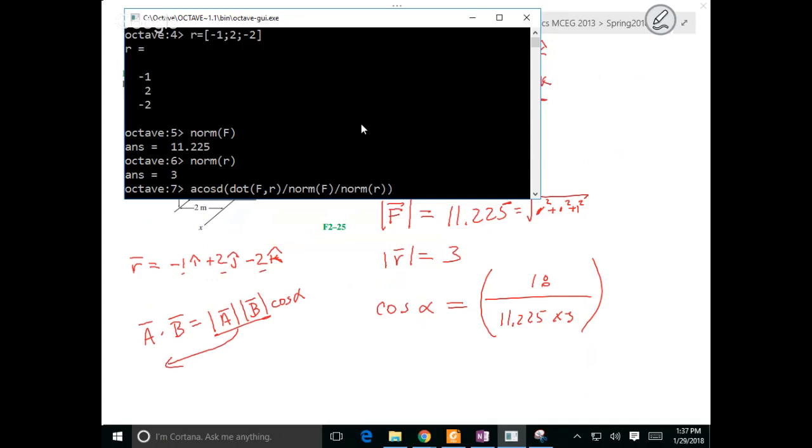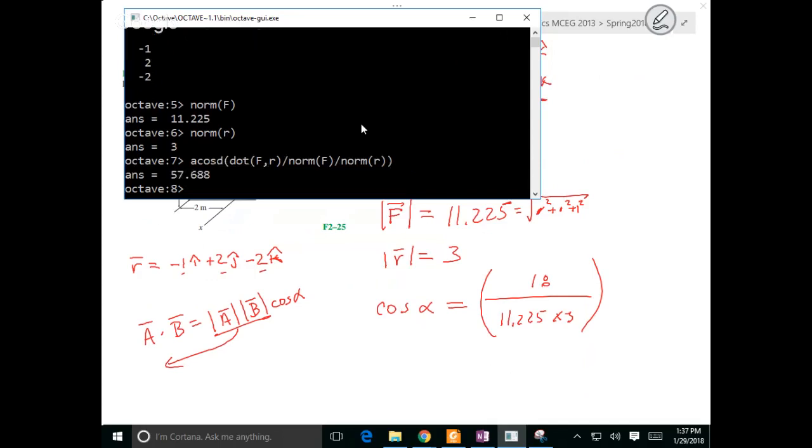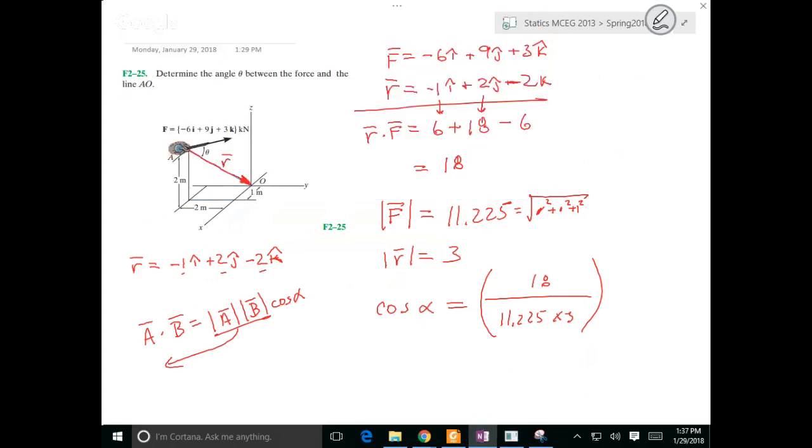Plus, I need to get up and walk around occasionally. So I'm taking the dot product. This is how you would do it in MATLAB or Octave. Dot of these two vectors. This should give me 18. This one should give me 3. And this one should give me 11.225. And if I hit enter, I get 57.68 degrees. Okay.